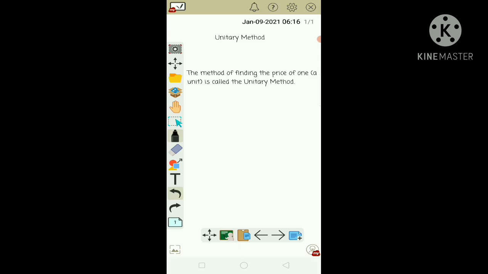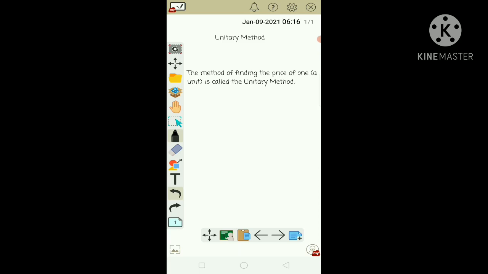When we go to purchase at a shop, we need to find out the total cost. So in this whole chapter we are going to talk about that. The unitary method means the method of finding the price of one or many things. It's a very important definition.